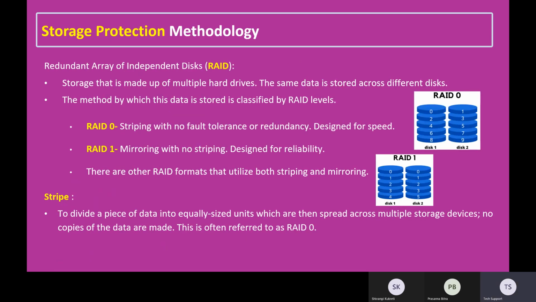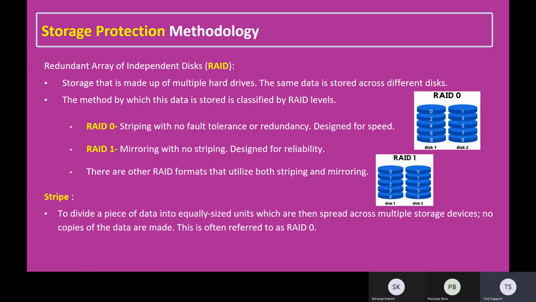So this is a software storage protection methodology. RAID full form is redundant array of independent disks. It is storage made up of multiple hard drives, and the same data is stored across different disks. The method by which data is stored is classified by RAID levels. We have RAID 0, 1, 2, 3, 4, 5, 6, 7, 8, 9 and 10.